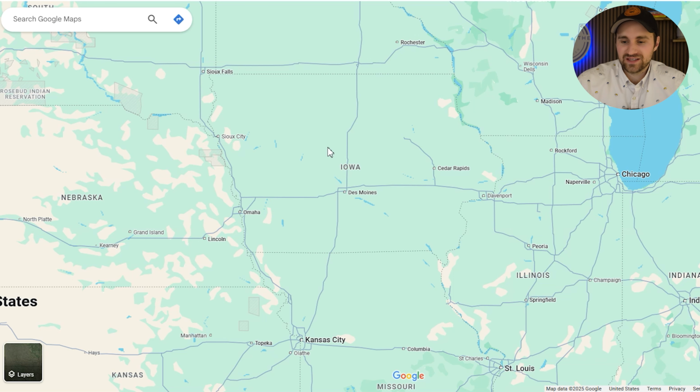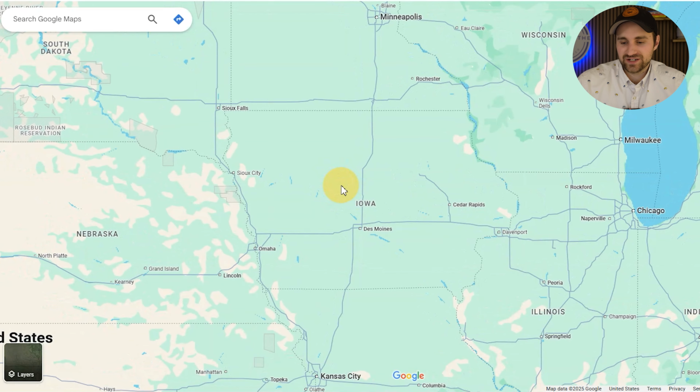Well, the thing that you need to know about Iowa, I'm going to change my color here, is that there's really two different roads that you need to know about. The first main one is this one right here. It cuts the state in half and it goes right through all the way to Davenport. This is I-80. It's one of the busiest and most traveled interstates in Iowa, and it goes right through the center.